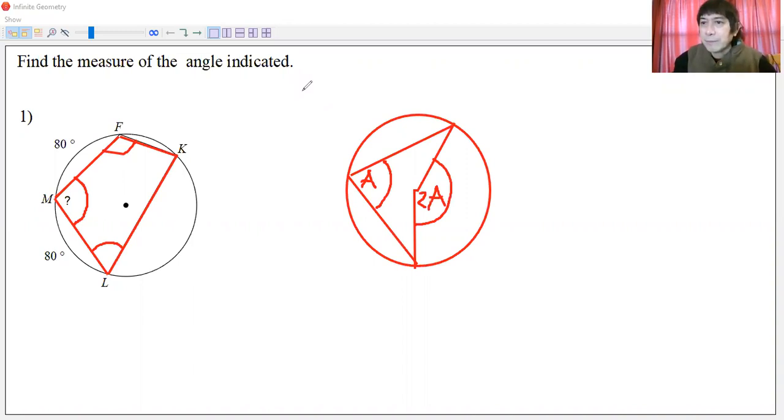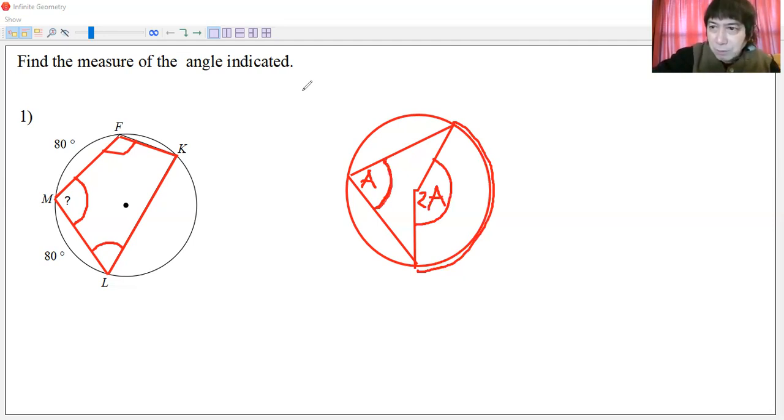So the two angles subtend the same arc, this particular arc. And so the measure of the arc is the same as the measure of the central angle 2A. So 1/2 of 2A is A, and that's the measure of the inscribed angle.